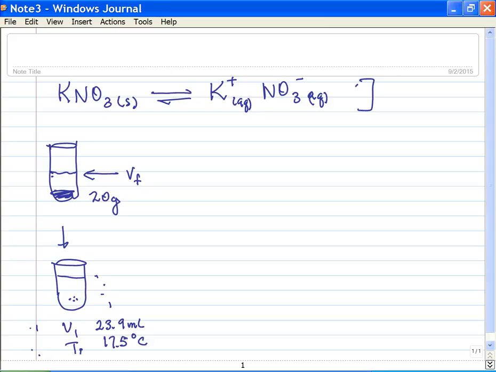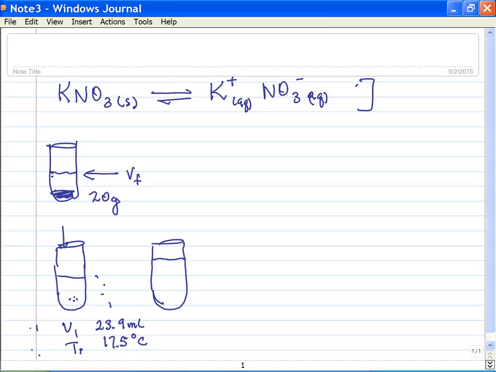Okay. So then the next thing we were going to do is to do it again. We're going to add some more water and see what effect that has on the equilibrium position. So when we add more water, that changes the concentration, right? Same tube, just adding more water.